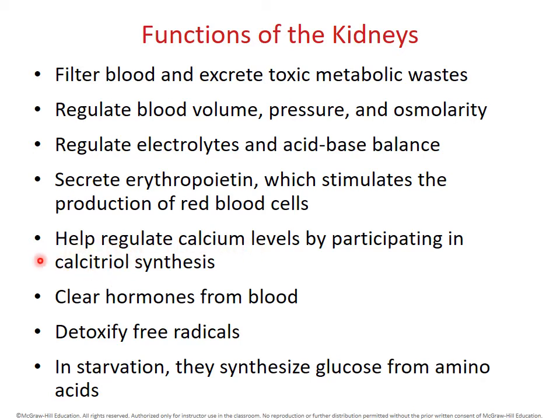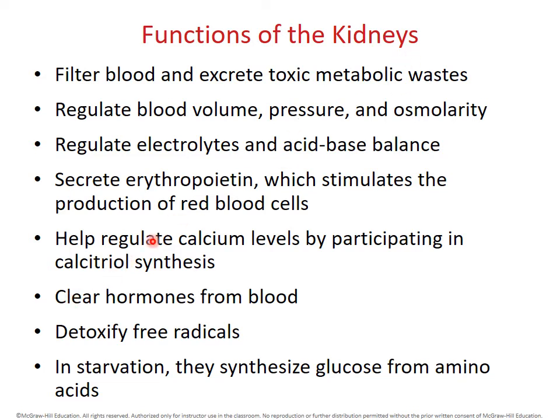Remember, calcitriol is the active form of vitamin D. And so, just to make a long story short, that process of vitamin D synthesis begins in the skin in response to ultraviolet radiation, has an intermediate step in the liver, where we convert the skin's product to calcidiol, and then finally ends up in the kidneys, where calcidiol is converted to its functional form of calcitriol.